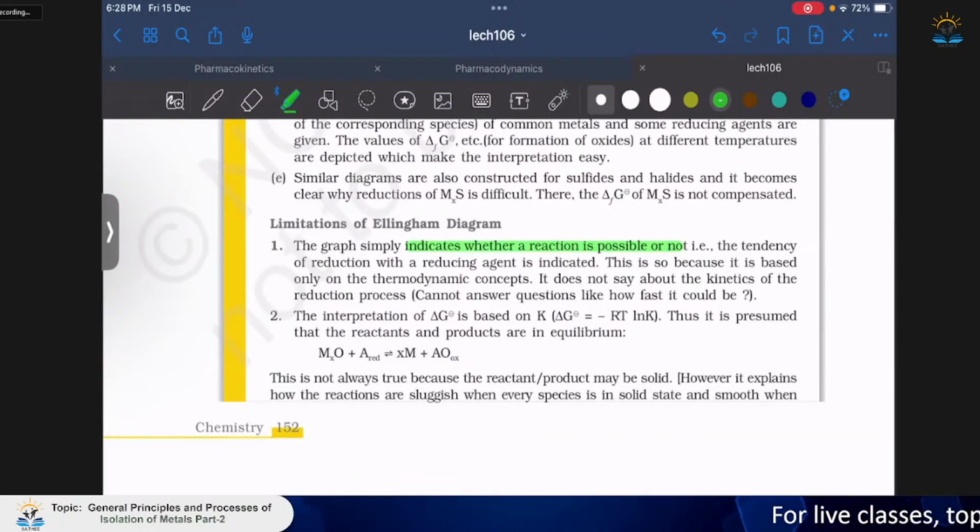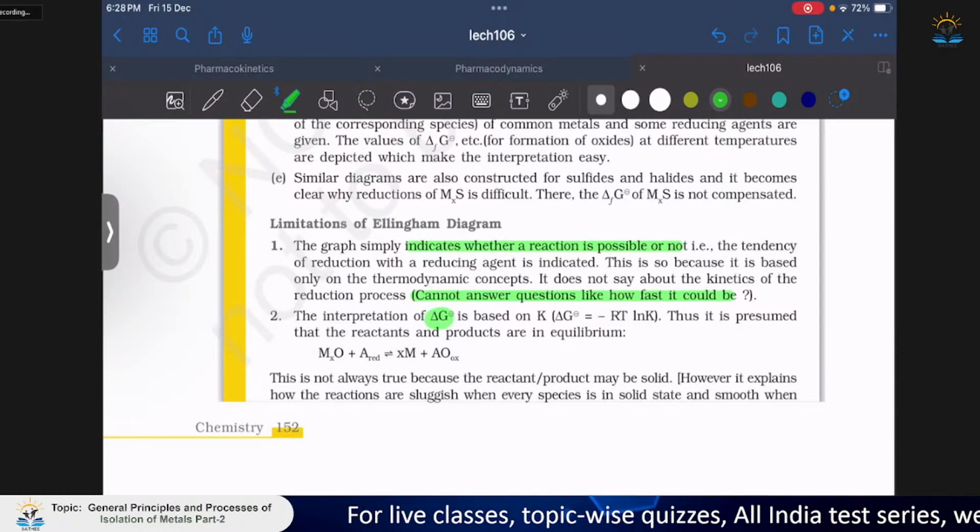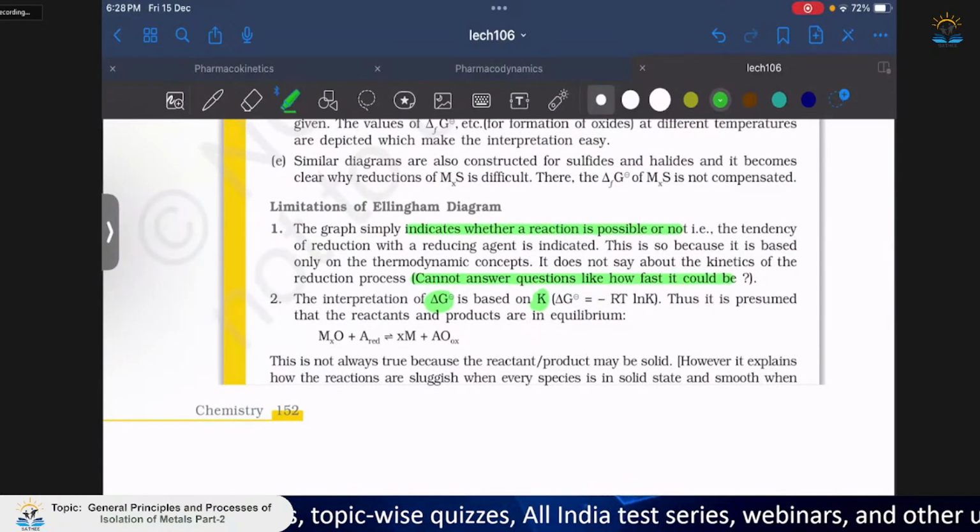The tendency of reduction with a reducing agent is indicated. It cannot answer questions like how fast it could be. No fast, slow, it will not answer that, it will just predict if it will occur or not. Then, the interpretation of the change in Gibbs energy is based on the equilibrium constant. Thus, it is presumed that the reactants and products are in equilibrium, which is also not a correct presumption.